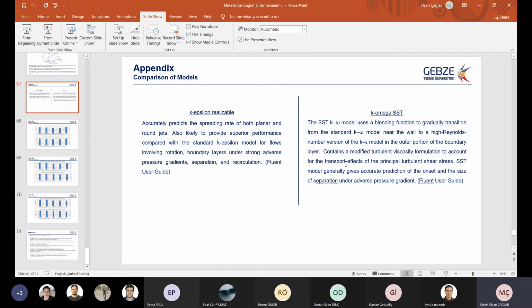For swirling flows, K epsilon realizable provided better results, but for 2D analysis, I have used SST K omega.